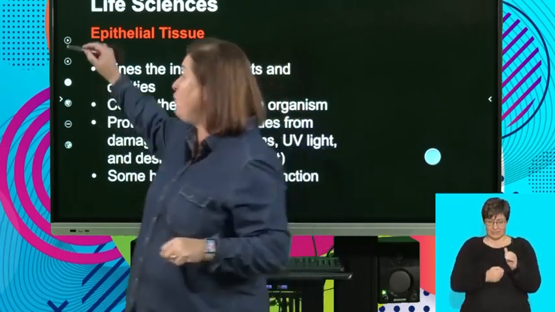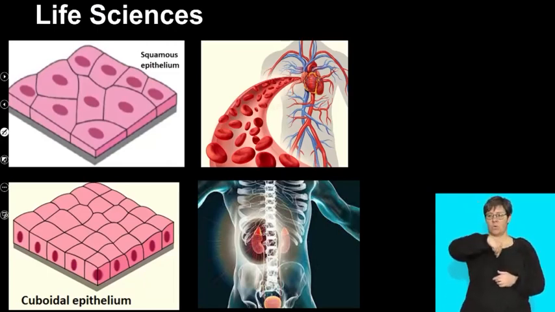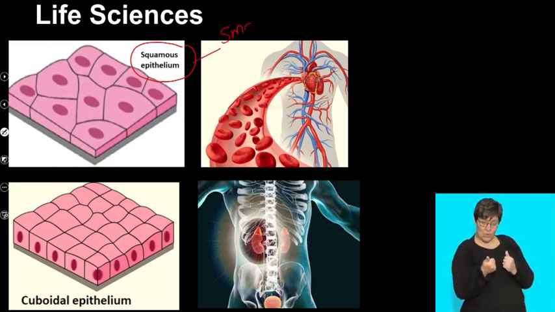And we looked at 4 different epithelial tissues. The first one we looked at was squamous epithelium. Those are flat cells. I said often look at the tiles on your floor. That's exactly what they do. And we're going to find them in any organ where I need smooth transport.